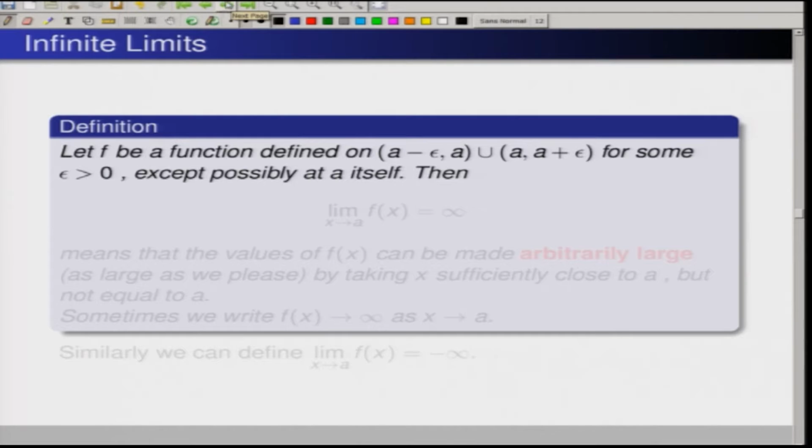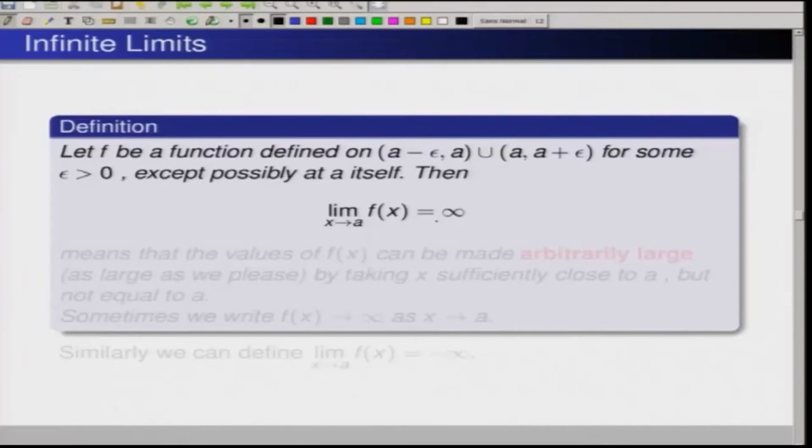Now it can happen, suppose we look at f of x equal to x. Whenever you go for large x, your f of x is going to be larger and larger, which means it is going towards infinity. So, we denote that the limit of f of x as x goes to a is equal to infinity. What does that mean?